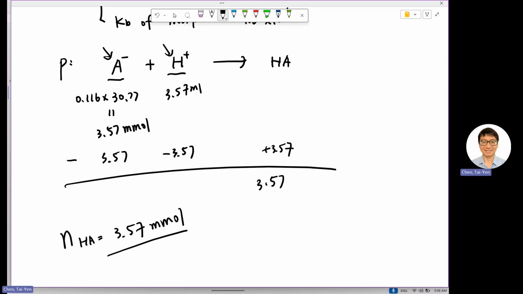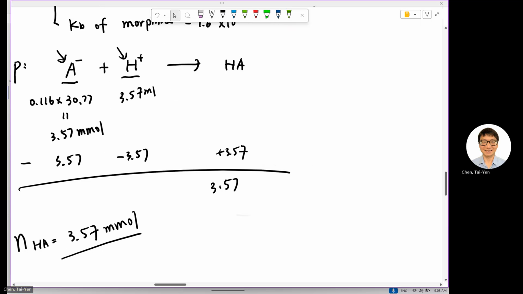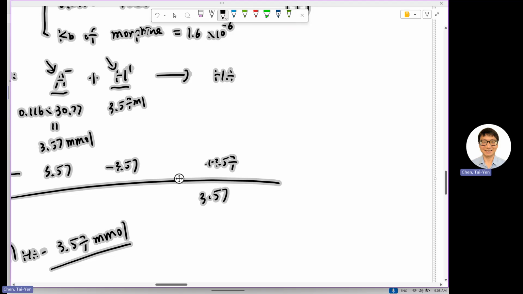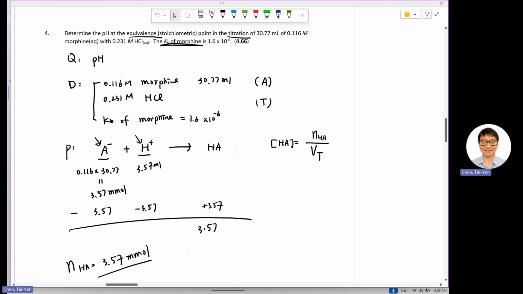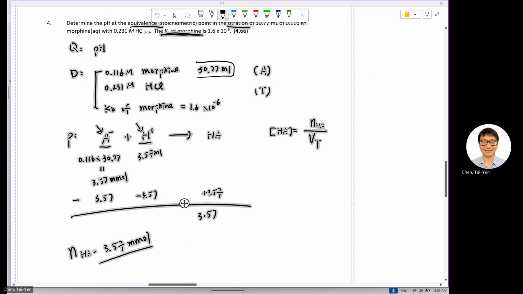How do you know the concentration? The concentration of HA will be computed as the moles of HA over the total volume. The total volume is the sum of the volume of your titrant and the volume of your analyte. Do we know the volume of your analyte? We do, right?